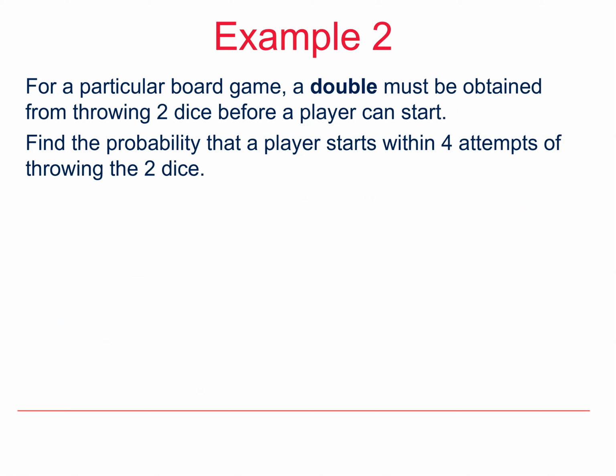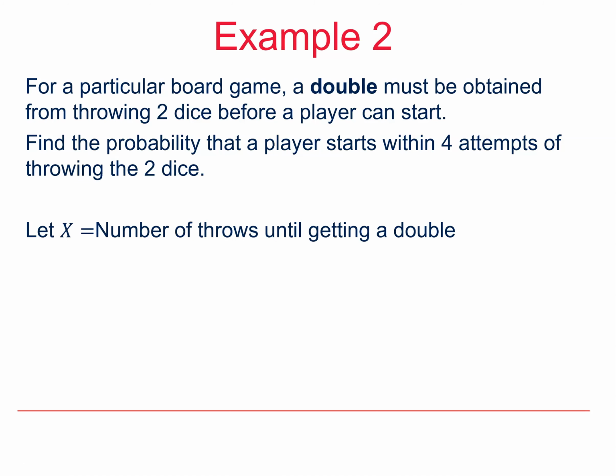Here's another example. We define X to be the number of throws until we get a double. So that's a double 1 or a double 2 or so on. 6 possibilities out of 36 possible throws. So the probability of getting a double is 1/6.